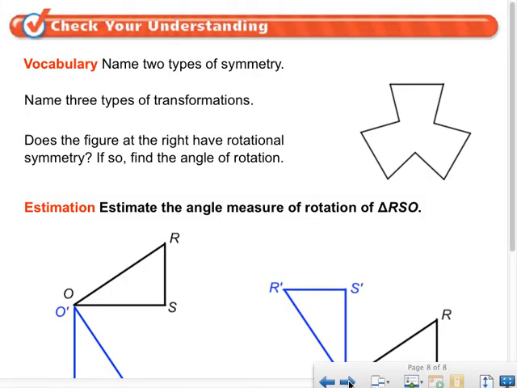Name 2 types of symmetry. What are the 2 types of symmetry? Who can name one of them? Justin. Rotational symmetry. What's the other one? Line symmetry.